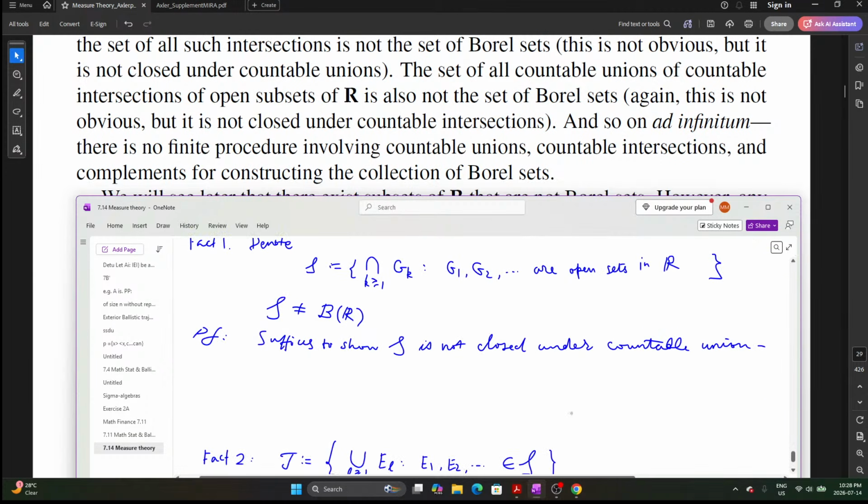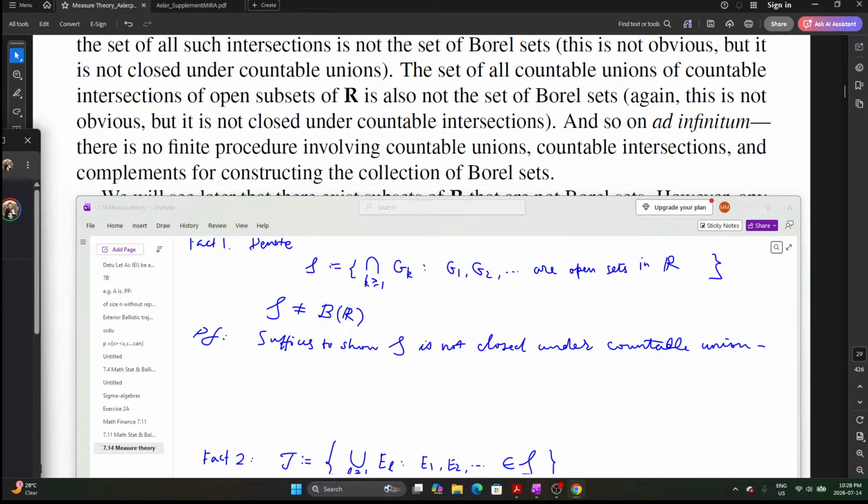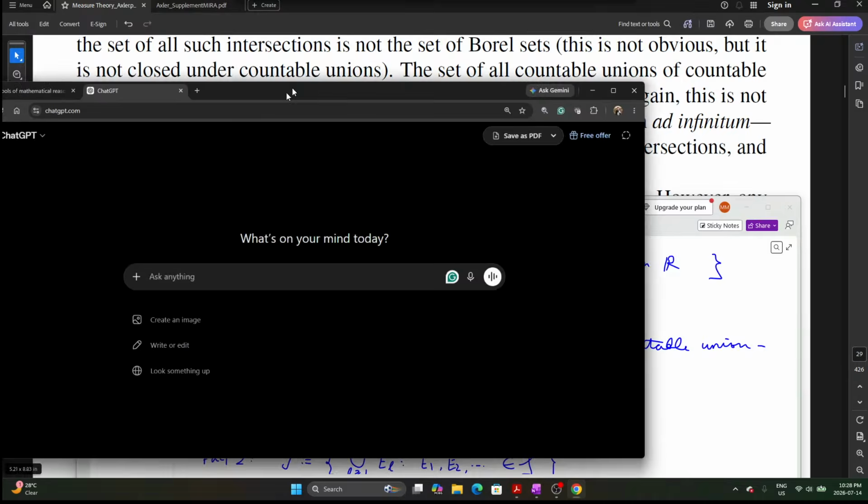Can we AI it? Okay. Guys, I'm going to use AI and see if we can get some idea of why this is true.